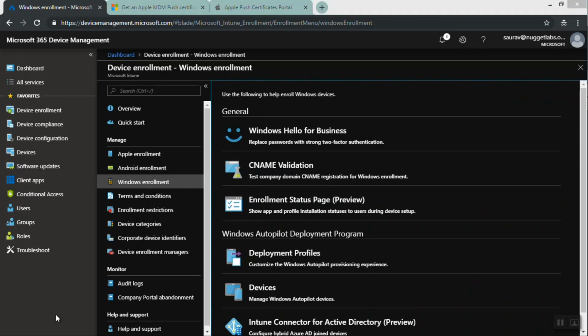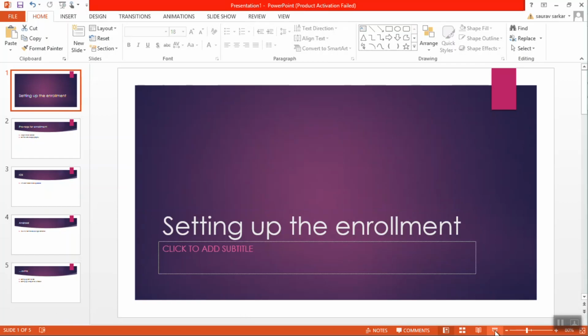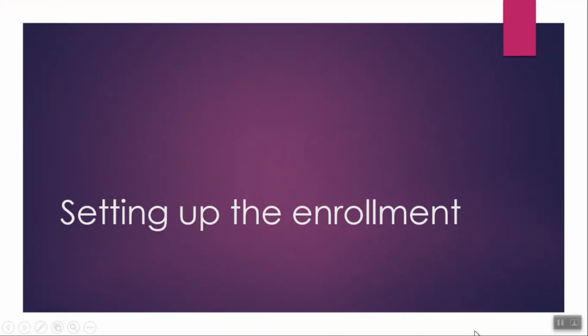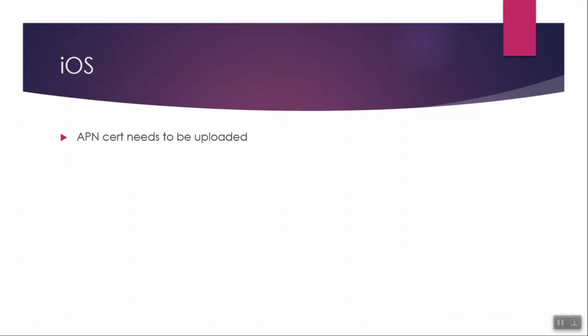So guys, if I were to present you a deck and show it to you step by step, as in what comes first and what comes after that, then the process to set up an enrollment in a fresh tenant for the first time would be: the first prerequisite is obviously creating a user or syncing the user from on-prem and assigning Intune licenses to them.